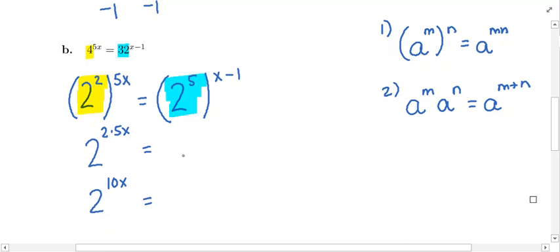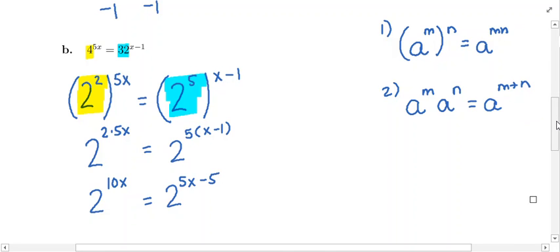The right side, we have to multiply the exponents: take the 5 and multiply it by the package deal x minus 1. So you're going to have to distribute the 5. It's going to be 2 raised to the 5x minus 5 power. You have to distribute the 5 there, or it's not going to come out right.